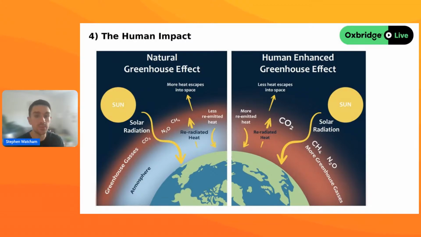We're releasing more nitrous oxides as transport and cars become more common. The increase in the number of emissions in the atmosphere is therefore higher. They are therefore trapping more heat in the atmosphere, which is leading to global warming. So make that distinction between the natural greenhouse effect and the enhanced greenhouse effect.